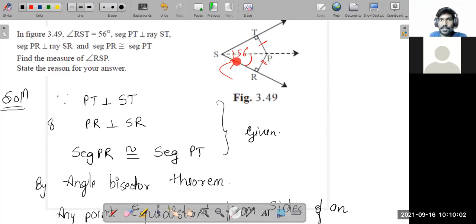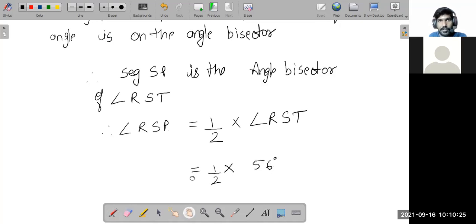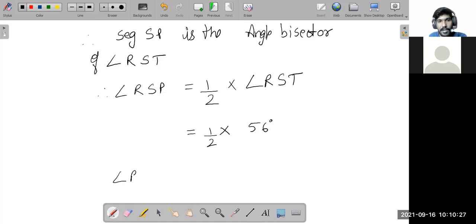So RSP will be half of RST. This becomes half into 56. So angle RSP is equal to 28 degree.